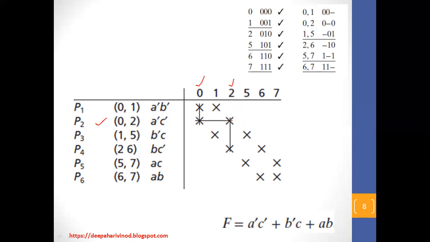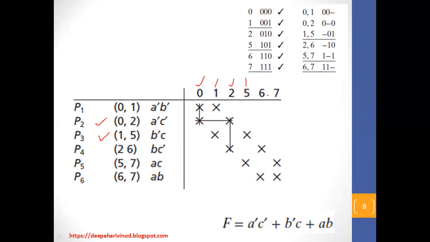Now what is remaining? 1 is not chosen, and 5, 6, 7. So for 1 and 5, I can choose this one, B bar C, because it covers 1 and 5.